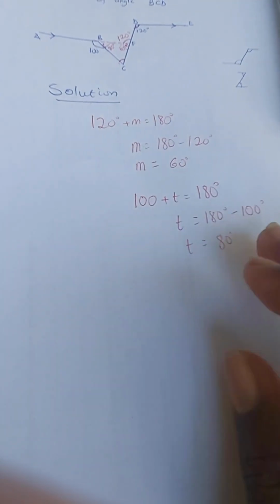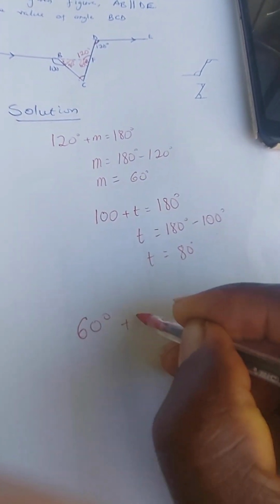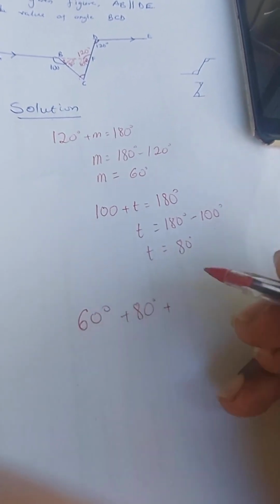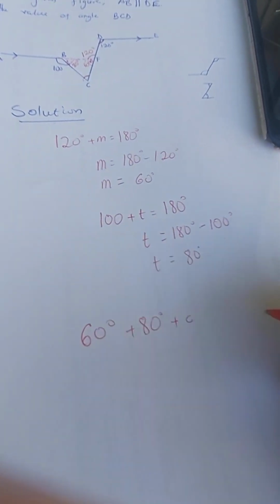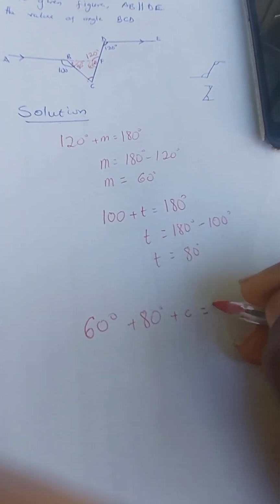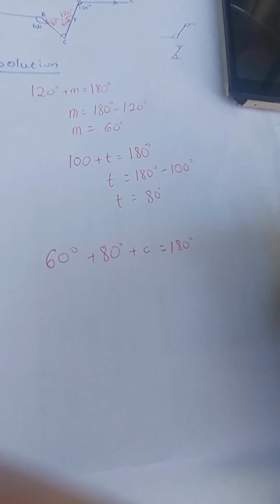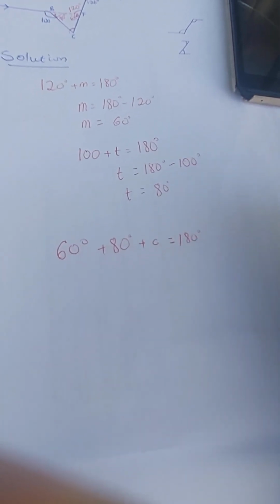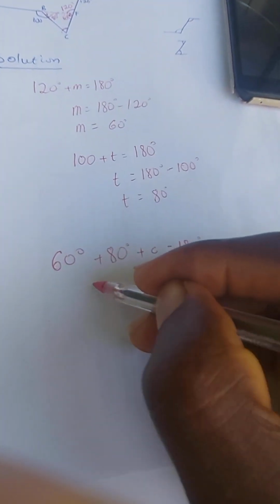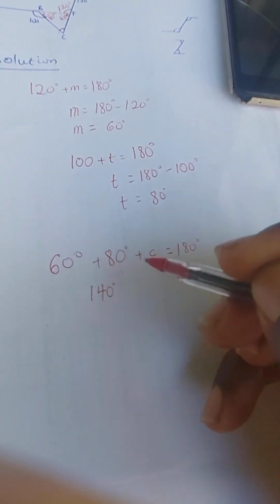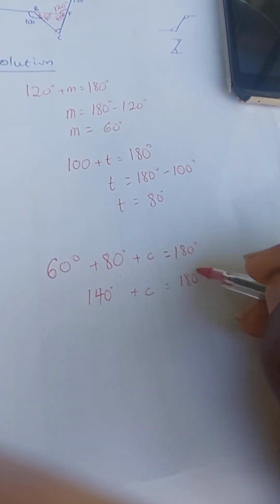So this gives us 60 degrees plus 80 degrees plus the angle formed at C, let's call it C, equal to 180 degrees. 60 degrees plus 80 degrees gives us 140 degrees plus C equals 180 degrees.